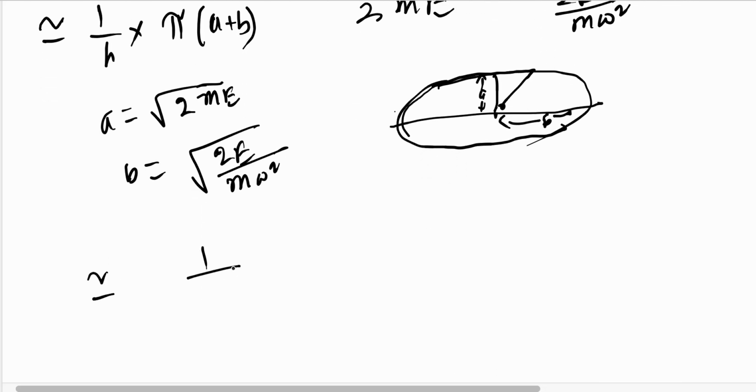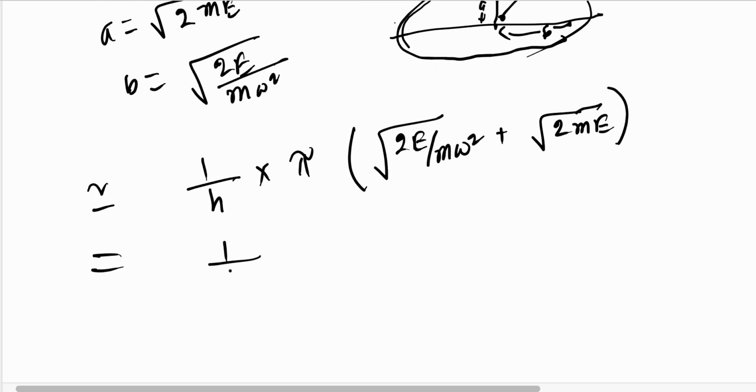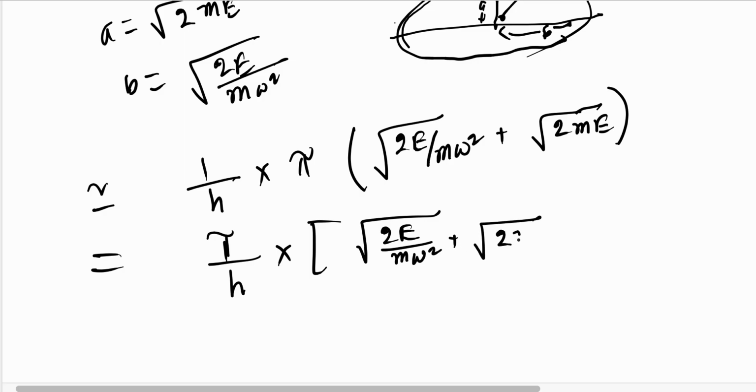So the total number of microstates will be pi by h times the quantity root 2E by m omega square plus root 2mE.